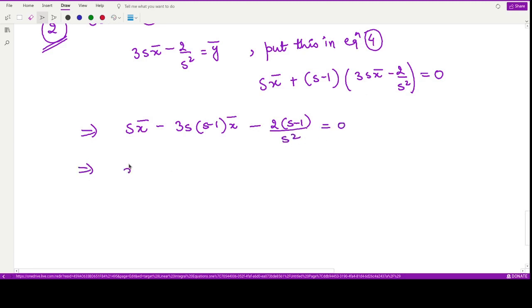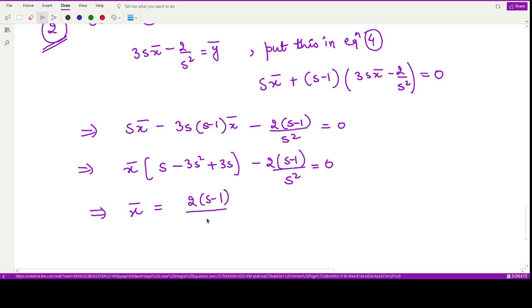Or you can write this as x bar times (s minus 3s² plus 3s), minus (2s minus 1)/s², that is equal to 0. From here you have (2s minus 1)/s² into the factor, s minus 3s² plus 3s. So from here you obtain the value of x bar.